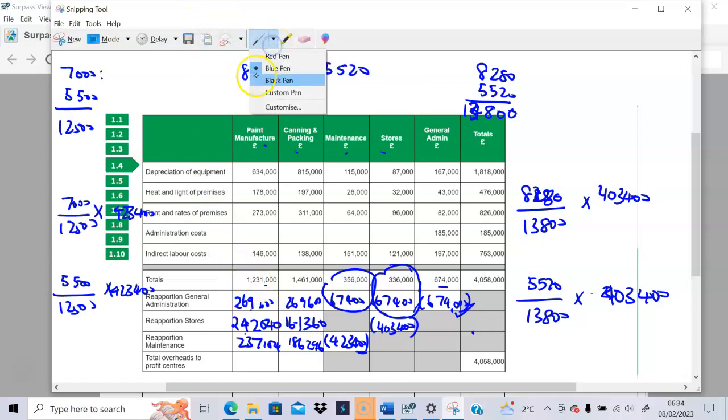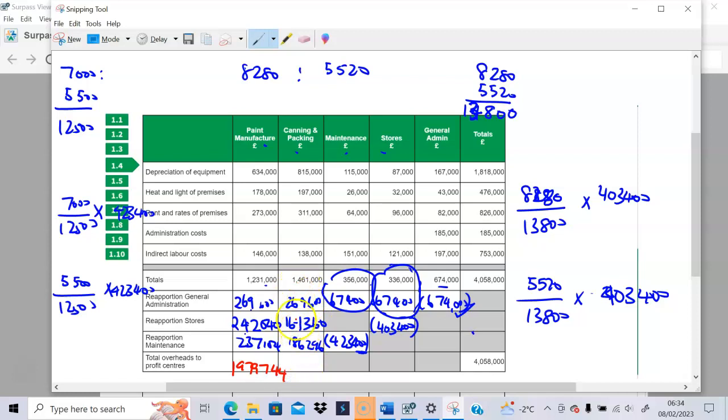Just change my pen color just for that final answer. So 1,231,000 plus 269,600 plus 242,040 plus 237,104 gives you 1,979,744.